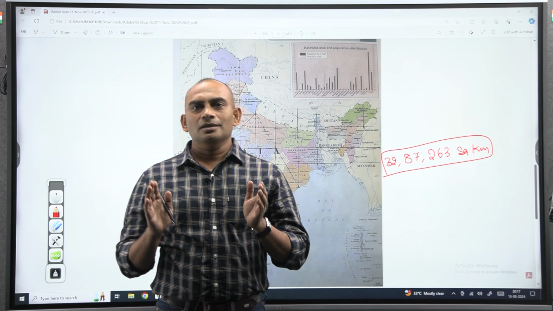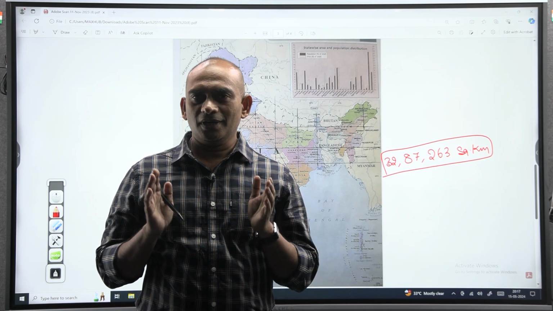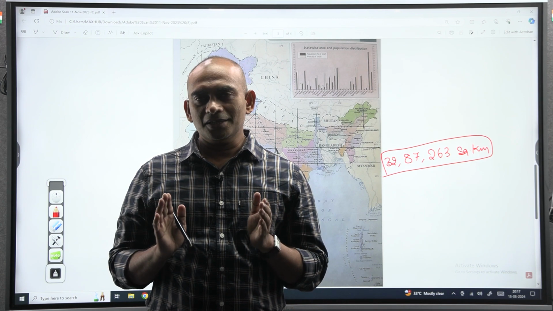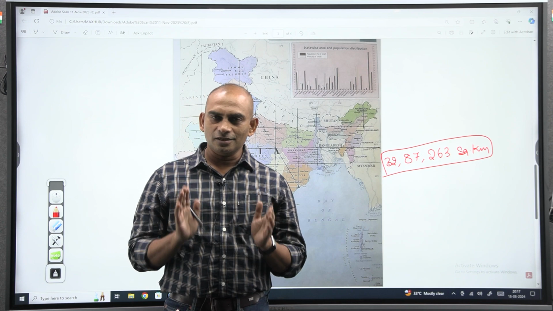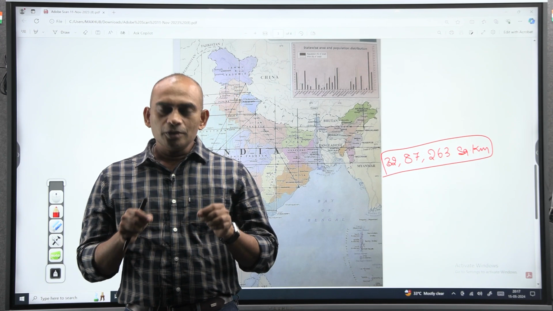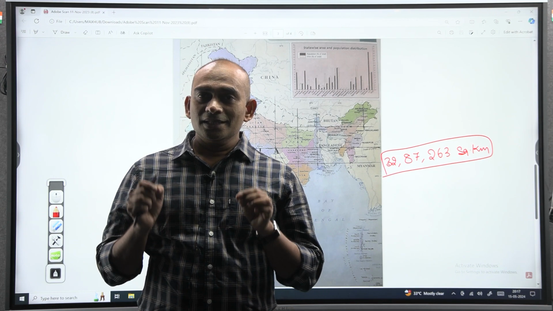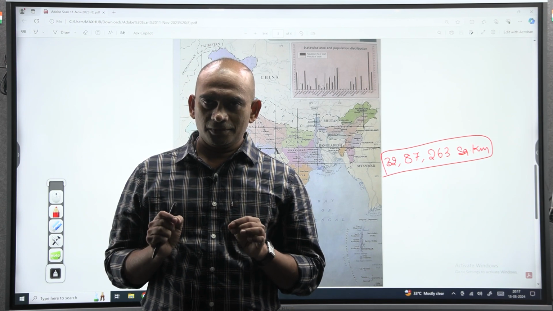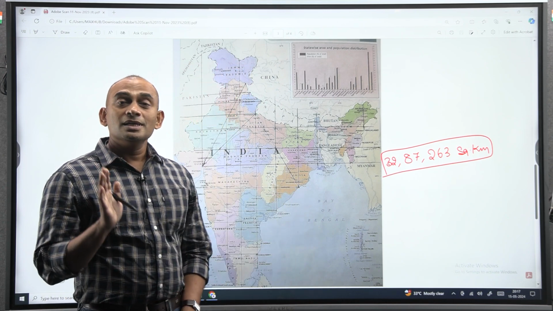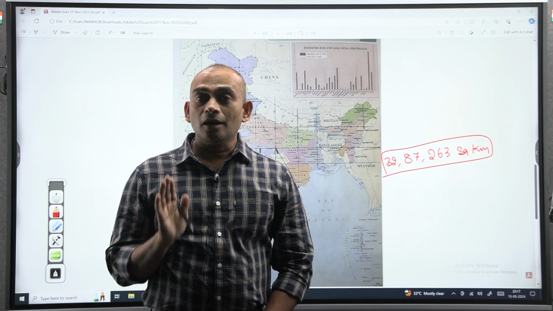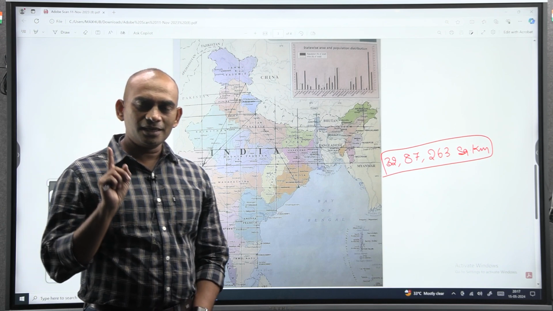So what is the position among other countries in the world? India's position among other countries in the world. Generally, when you look at the size, India's size is 7th position in the world. 7th position means there are 6 countries larger than India.